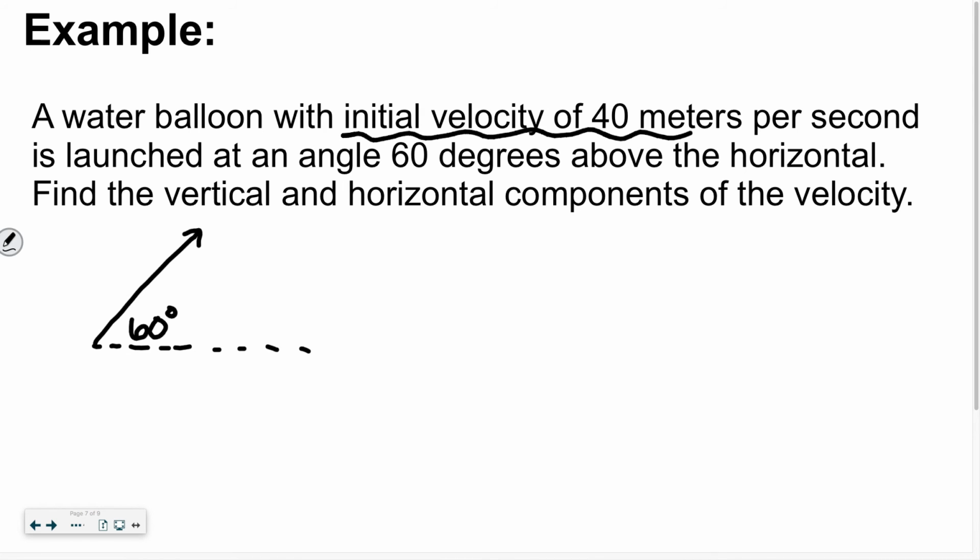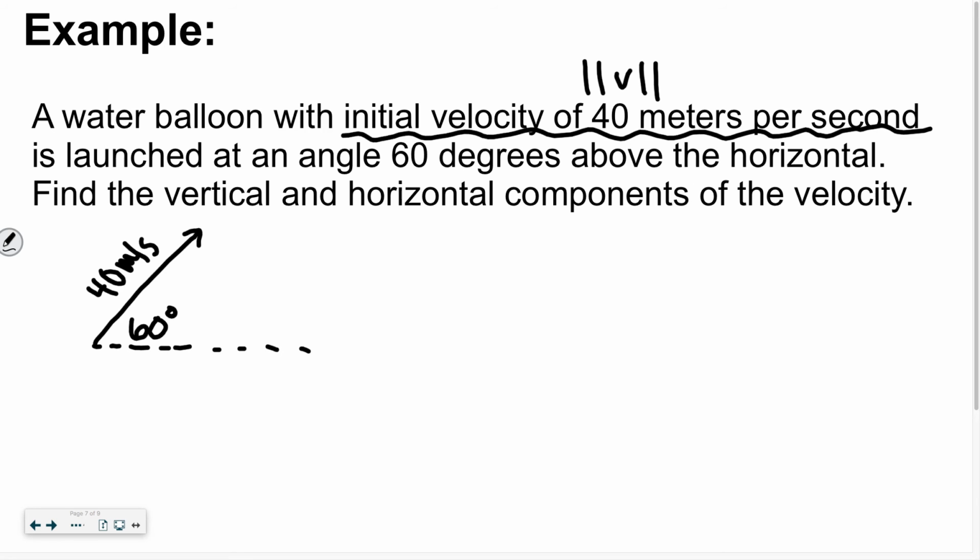One thing to note is when we're giving you these measurements of initial velocity, those are going to be the magnitude of your vector. So this is the magnitude of your vector v, so I'm going to label this as 40 meters per second. And then I have everything I need. I have magnitude, and I have theta, so I can find horizontal and vertical components.